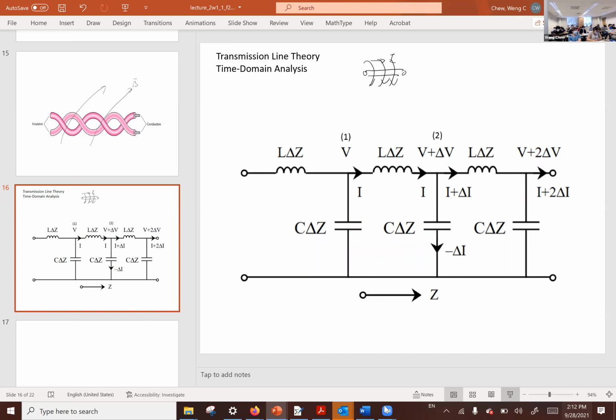So inductors can be used to approximate a piece of wire with a lot of current. So I have these two pieces of wire in parallel.